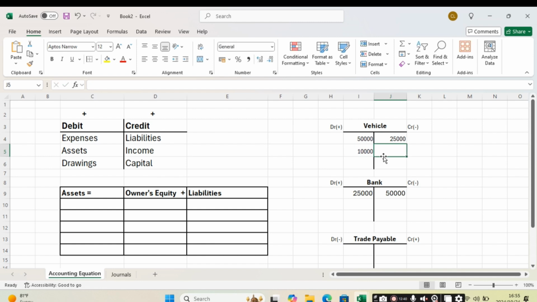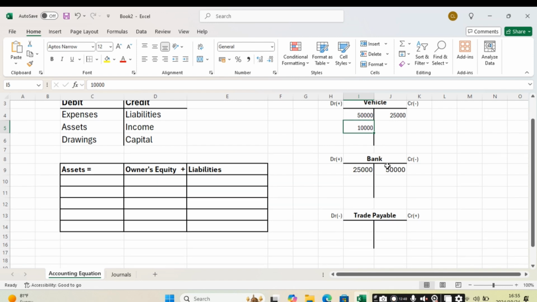So our vehicle will increase by 10,000 because we got a new asset. Since we bought this on credit, our bank account won't be affected. No money left. So we said to our suppliers, give us the vehicle and then we'll pay you at a later stage. So what will be affected?